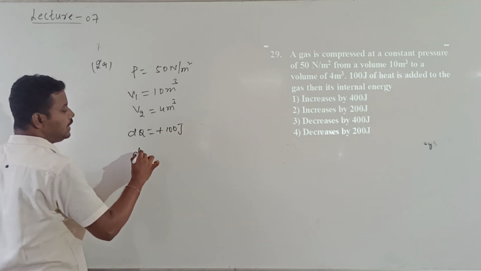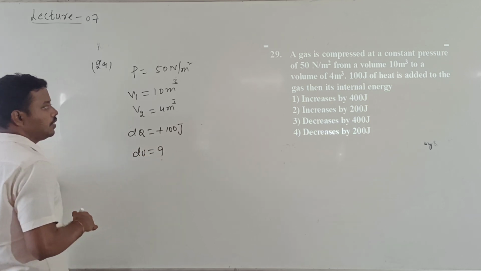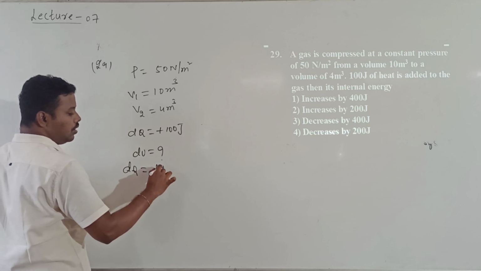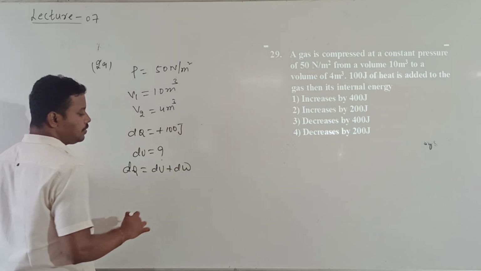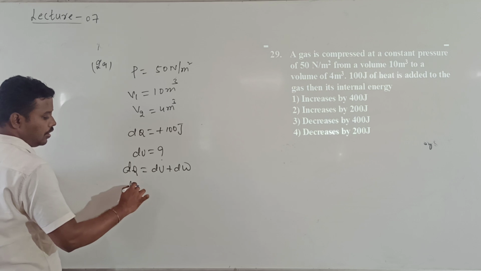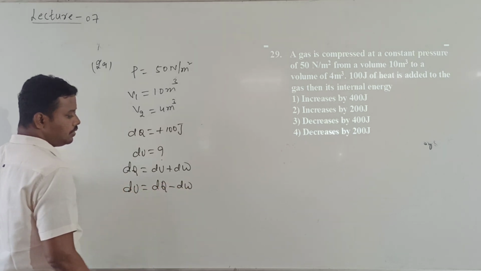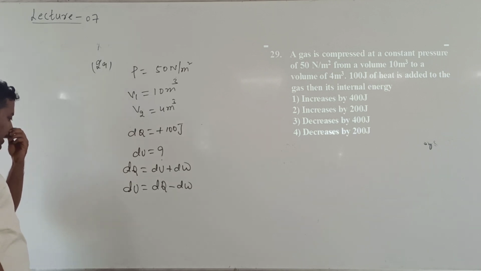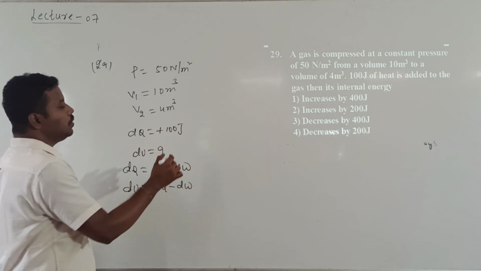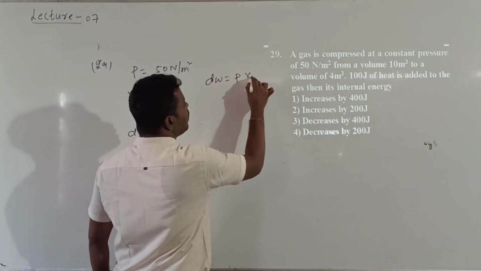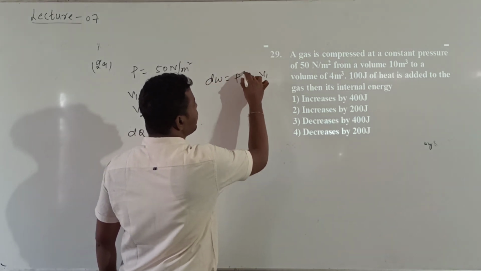Now what are they asking us to calculate? What happened to the internal energy, dU value? To calculate, according to the first law, dQ is equal to dU plus dW. So if I want to calculate the value of dU, it is equal to dQ minus dW. Correct? So what is the dW formula? dW is equal to P into V2 minus V1.